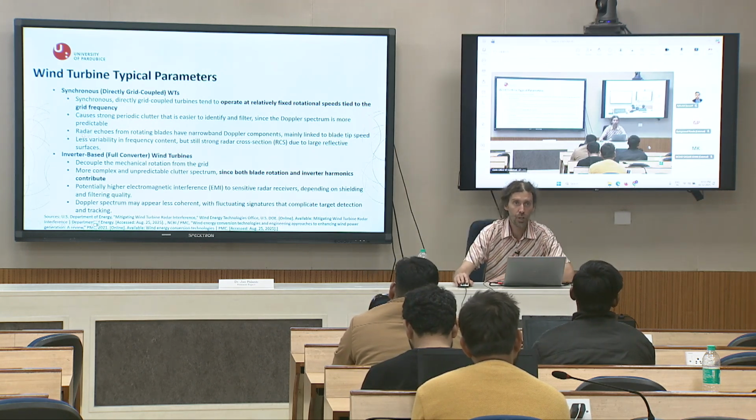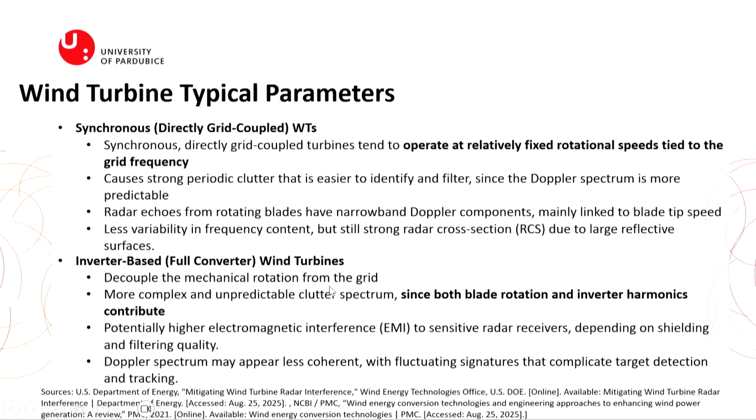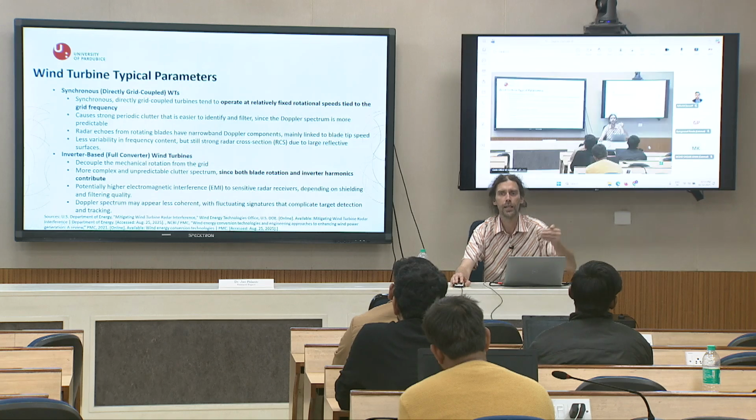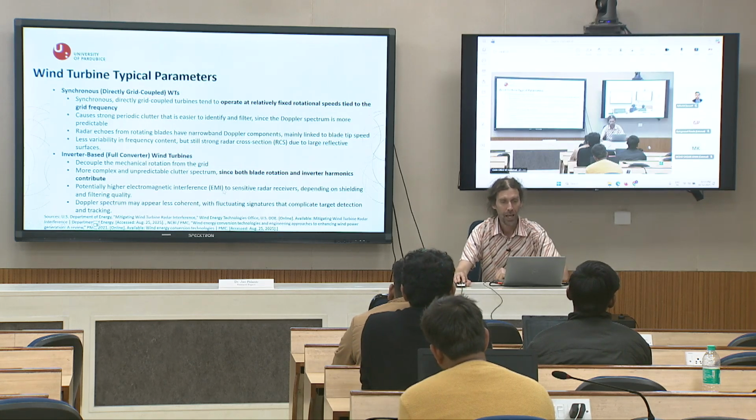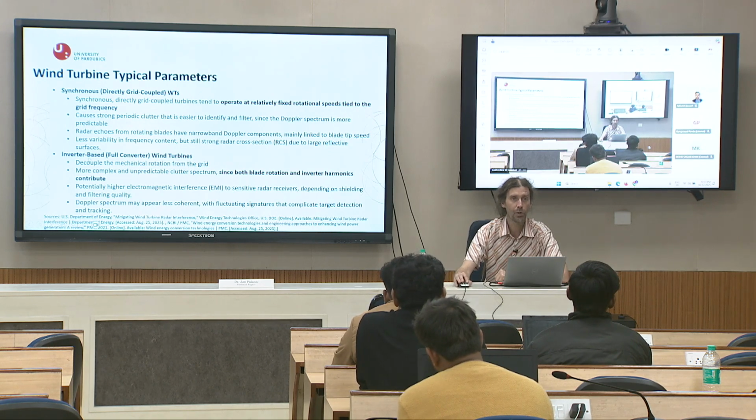But unfortunately, modern wind turbines are inverter based, and since both blade rotation and inverter harmonics contribute to the clutter spectrum, and they are not synchronous, it causes a problem, because this will be hard to predict and hard to mitigate, because it is not synchronized. And unfortunately, this is the modern version.